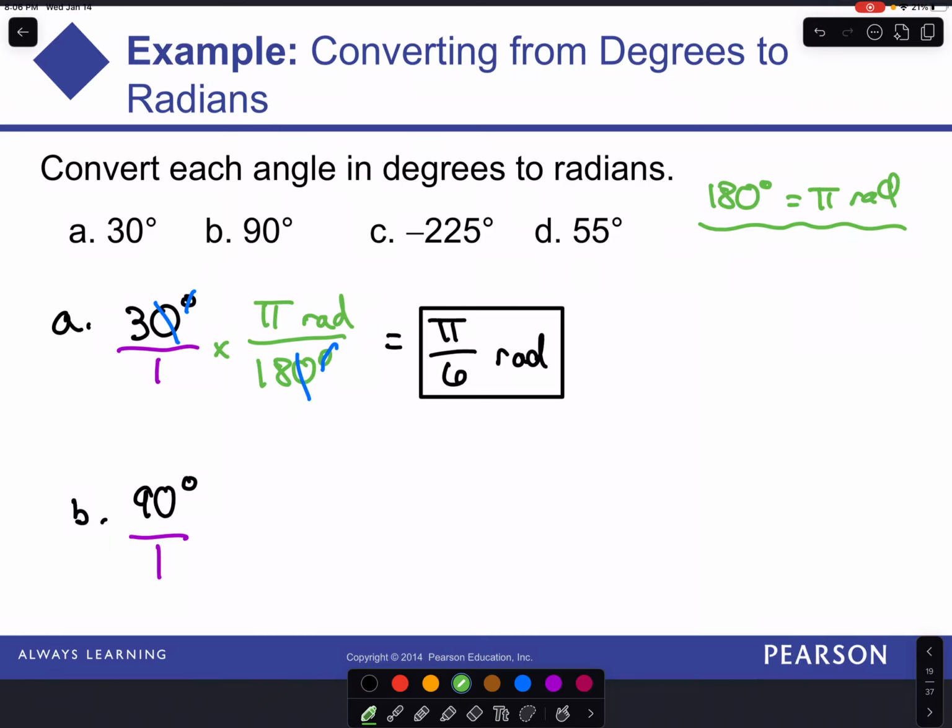Since we have the units of degrees on top, the units of degrees need to be on the bottom. So 180 degrees corresponds to pi radians. The units of degrees are going to cancel each other. We can cancel those trailing zeros. 18 divided by 9 is 2. So we finish with pi over 2 radians.